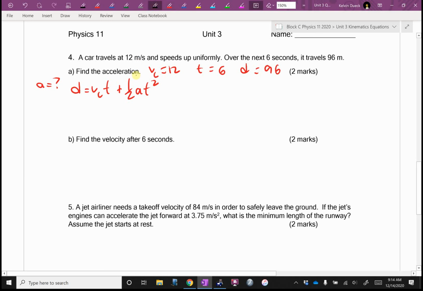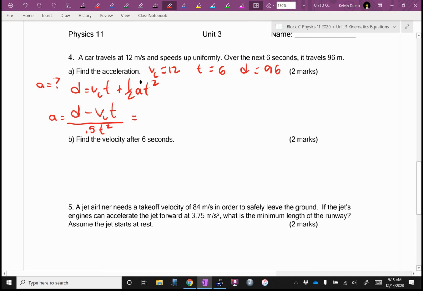What am I trying to get by itself? The A. So the D is going to drop down like a domino. I think I'm going to minus VIT and divide by 0.5, not A, 0.5 T squared. Is that correct, folks? I think. Not going to memorize it. I could, but why waste my brain?